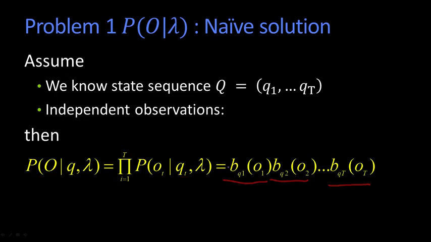So B of Q1 of O1 means the probability, given that I'm in Q1, whatever Q1 happens to be, of outputting O1, and et cetera. Okay? So if we knew the state sequence, then we could just multiply this to get the likelihood of the observation sequence given the state sequence.